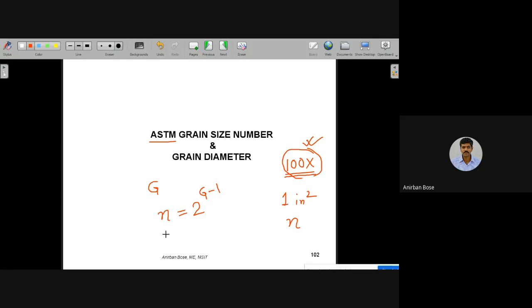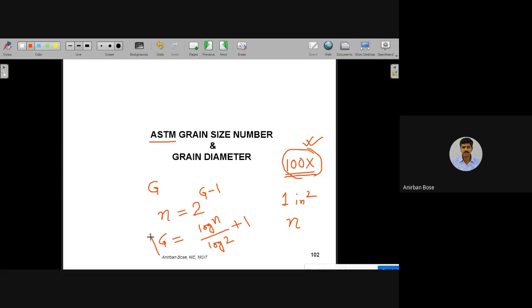So if you simplify, then the ASTM grain size number G will be equal to log of n divided by log of 2. You simply take log on both sides, and if you take 1 to the other side, it will be plus 1.